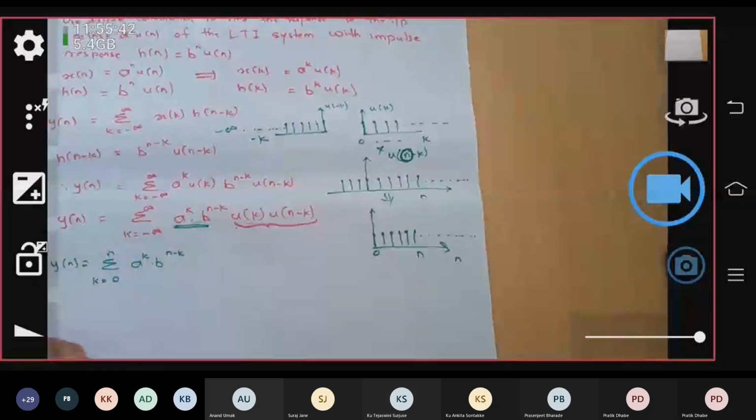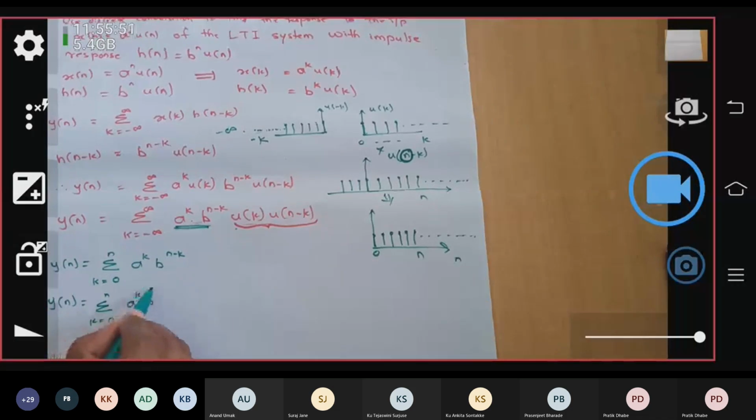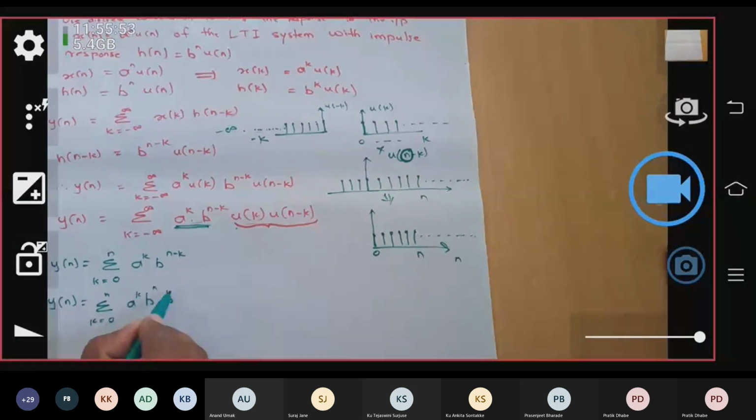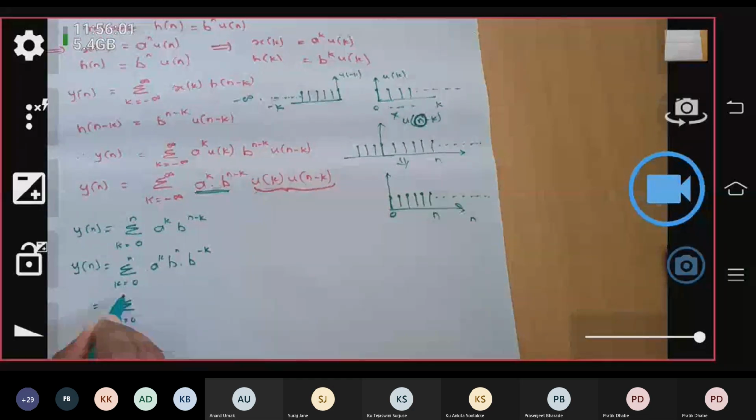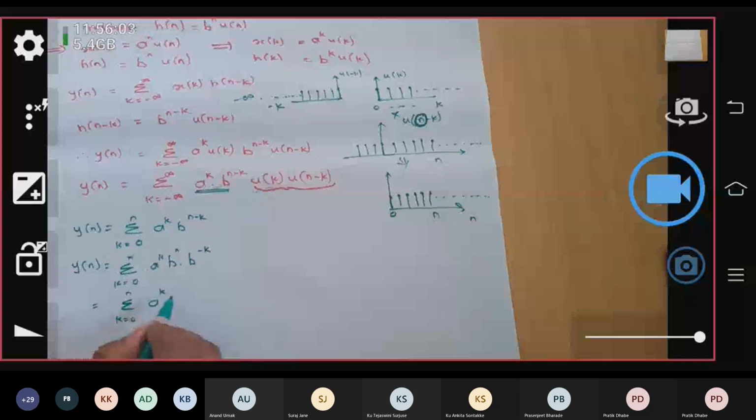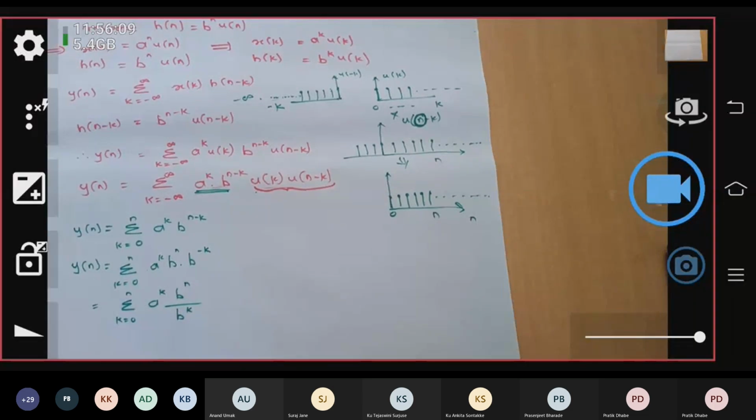Thus, I am getting y of n equals summation k equals 0 to n a raised to k b raised to n into b raised to minus k. Is it okay? So this further can be simplified like summation k from 0 to n a raised to k by b raised to n into b raised to n by b raised to k.